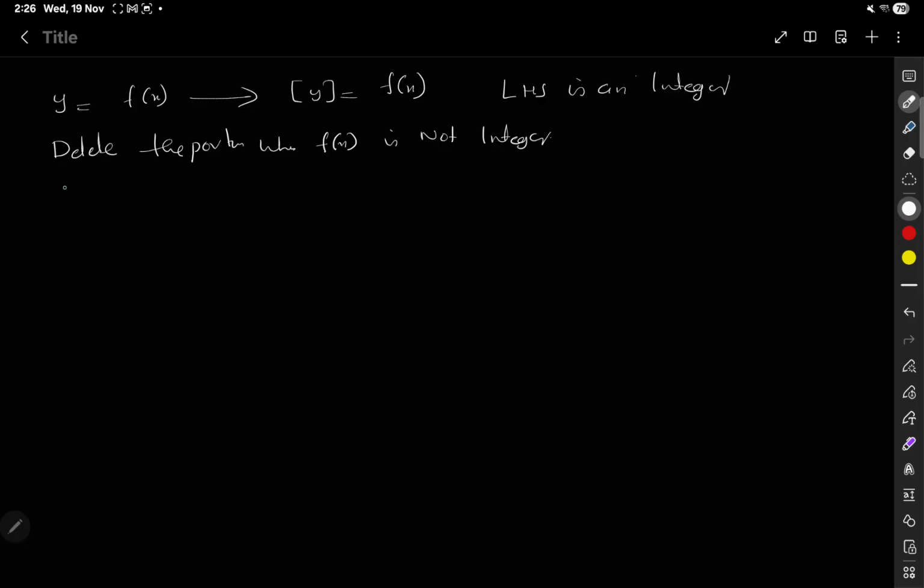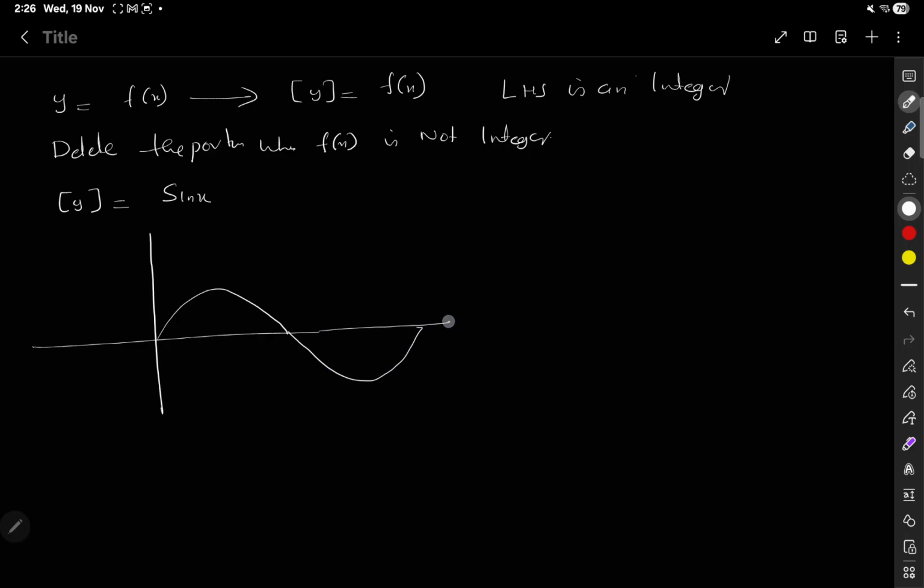Okay, so we'll take an example here. Step y equal to sine x. That's the graph. So first you draw sine x. Like that you can take. This is 0. This is pi by 2. This is pi. This is 3 pi by 2.